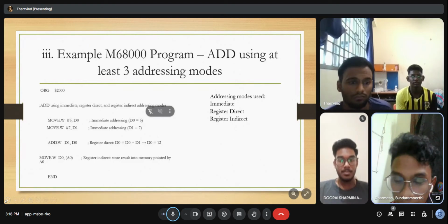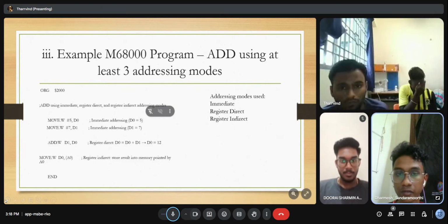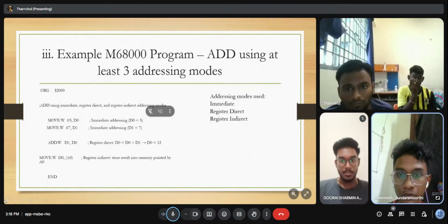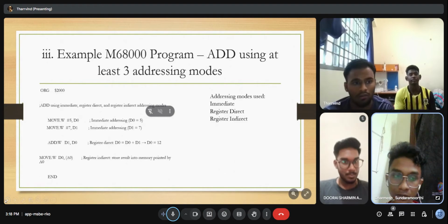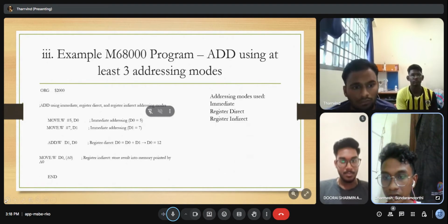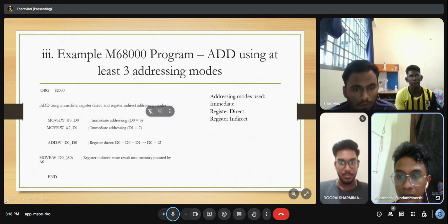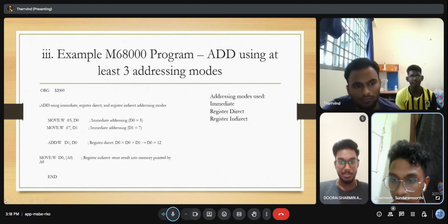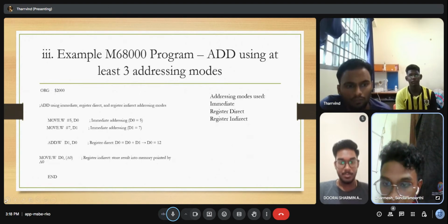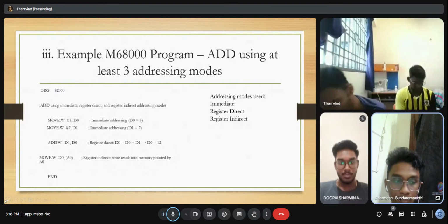Now I'm going to explain the example M68000 program, an addition using at least three addressing modes. The first one is ORG $2000, which is addition using immediate, register direct and register indirect addressing modes. You can see that MOVE.W #5, D0 is immediate addressing, so D0 equals 5.